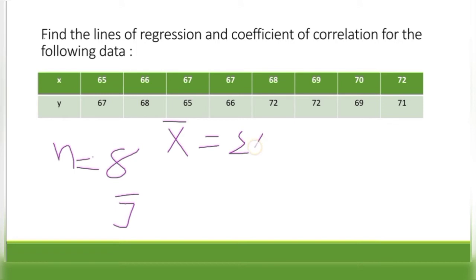X bar is equal to sigma x upon n and y bar is equal to sigma y upon n.